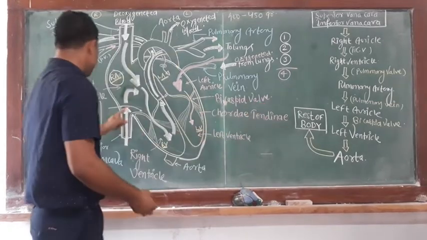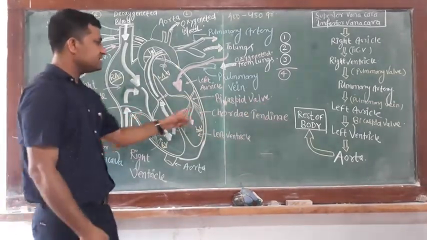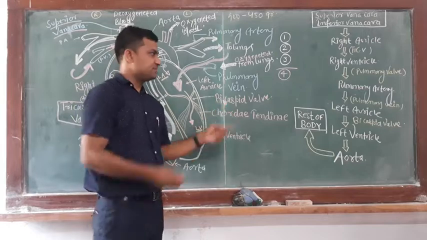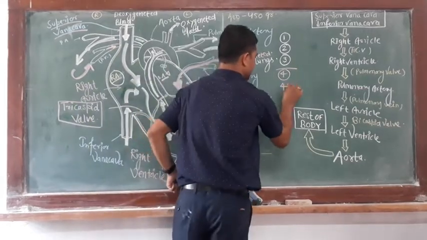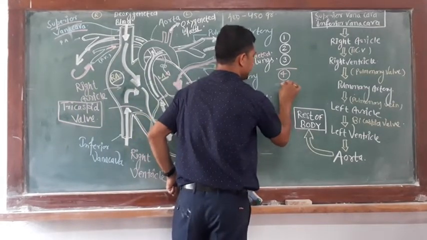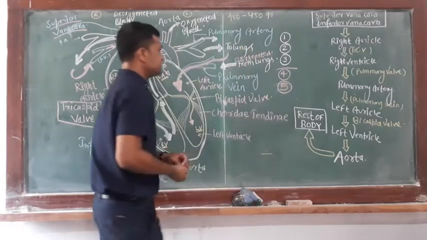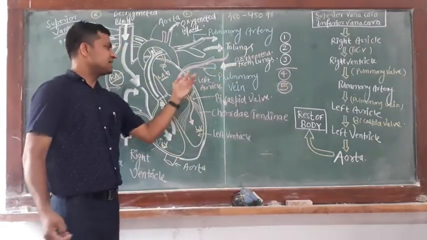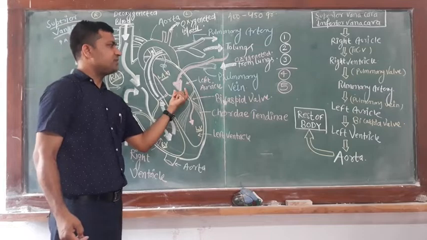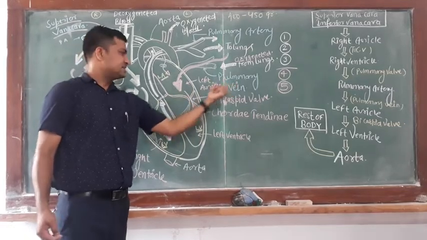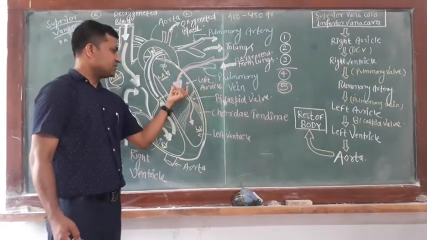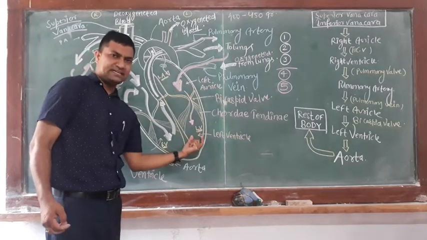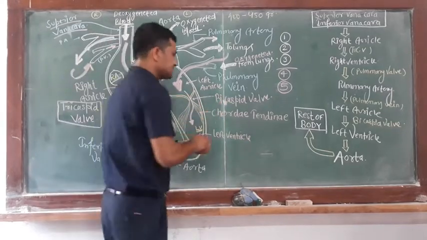On that side, the tricuspid valve; on this side, the bicuspid valve. Stage number 4: oxygenated blood comes into the left auricle with the help of the pulmonary vein. Then after, left auricle to left ventricle with the help of the bicuspid valve.